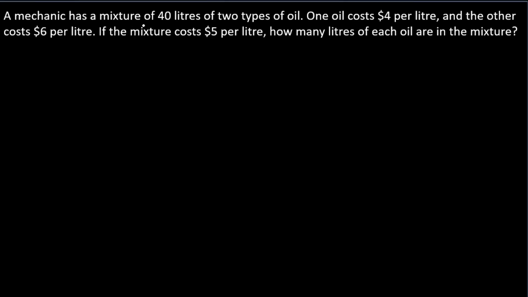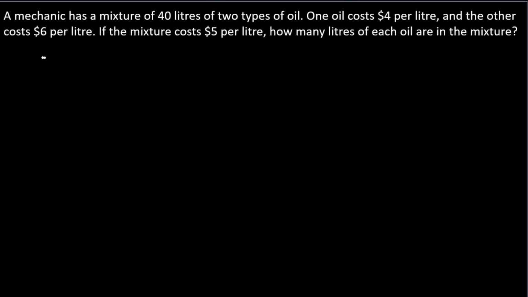Now come to another problem. A mechanic has a mixture of 40 liters of 2 types of oil. One oil costs $4 per liter and the other oil costs $6 per liter. If the mixture costs $5 per liter, how many liters of each oil are in the mixture? So here, 40 liters.